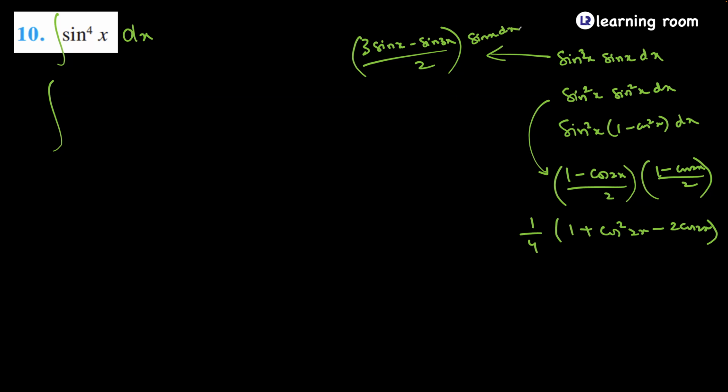When you write it this way, you can combine these two sines and write it as 3 sine square x by 2 minus sin x into sin 3x by 2 times dx. By 4, yeah, by 4. So here you have this. This sin square x you could have integrated. This one you multiply and divide with 2 and then you could have integrated.